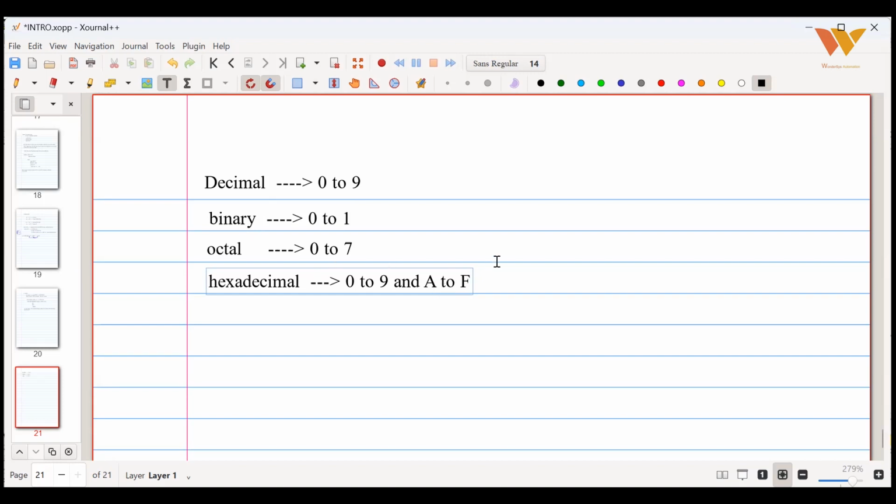So it is 0 to 15. Now here in Omron PLC, we have two types of conversion. One is binary to BCD, BCD to binary. BCD is nothing but binary coded decimal, which is 0 to 9.